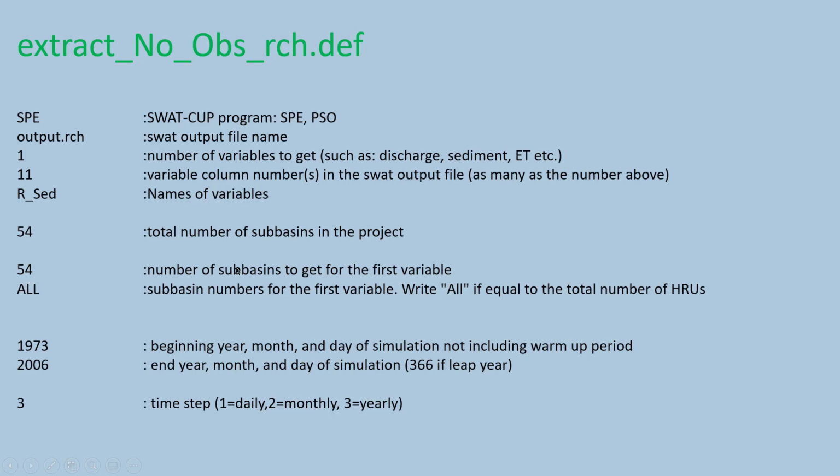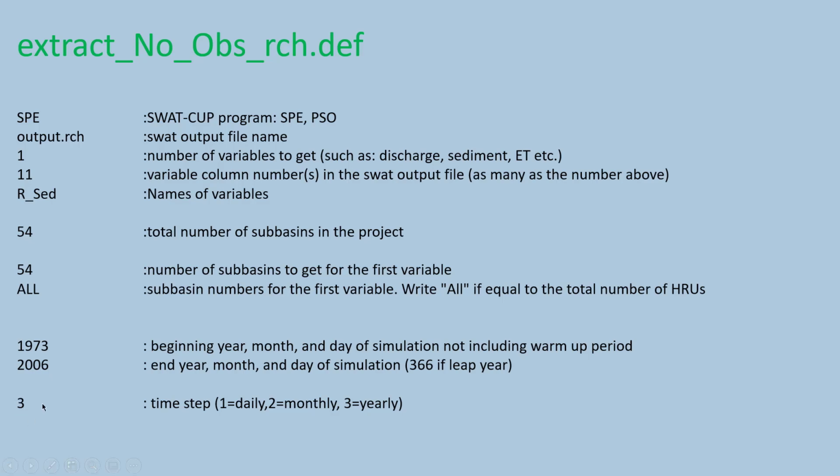And the number of subbasins to get the variable from is all. I want to extract all of the 54 subbasins and see spatially where the difference is between the two different practices. And then the year is from 1973 to 2006, about 34 years.